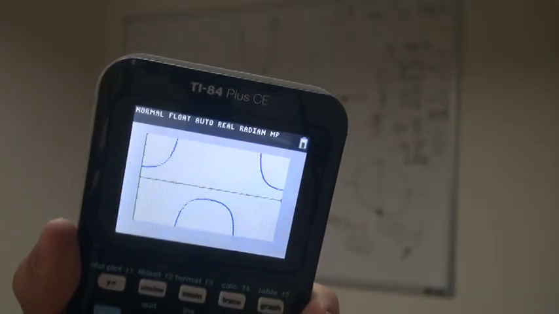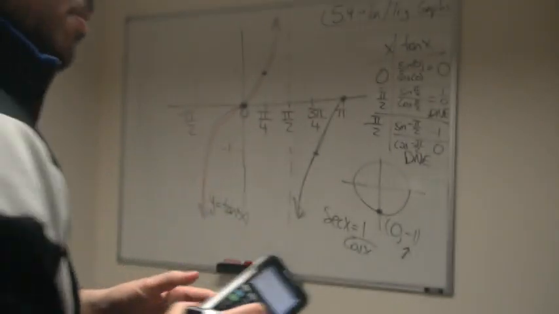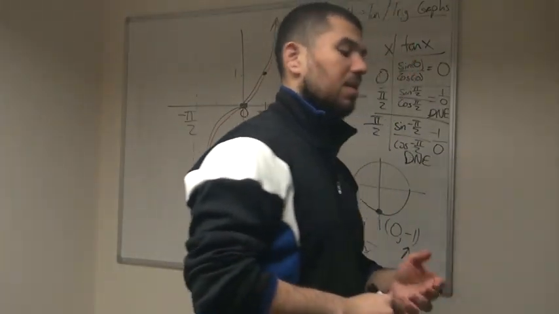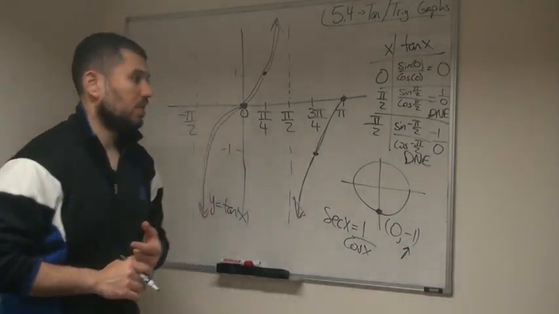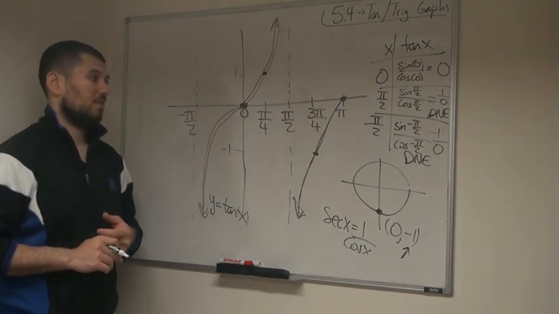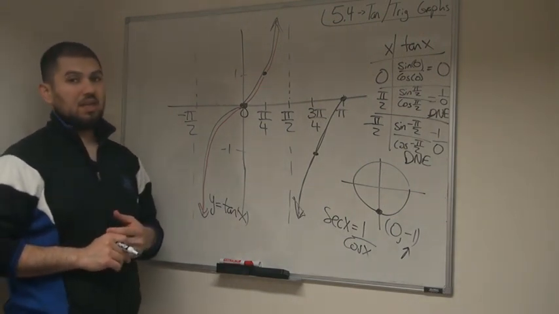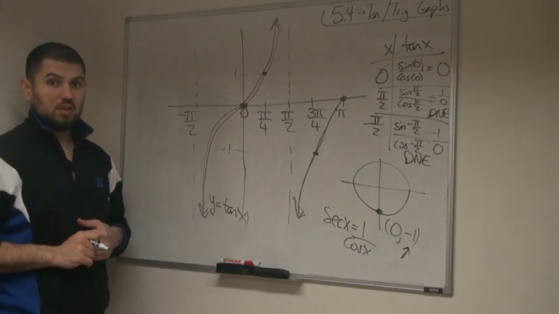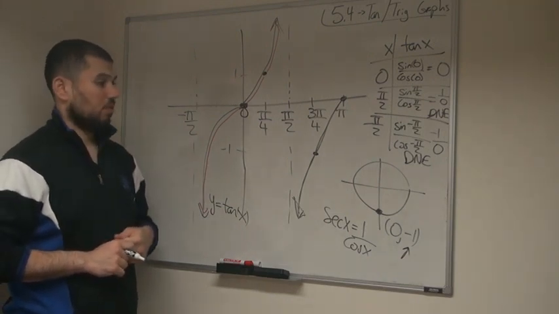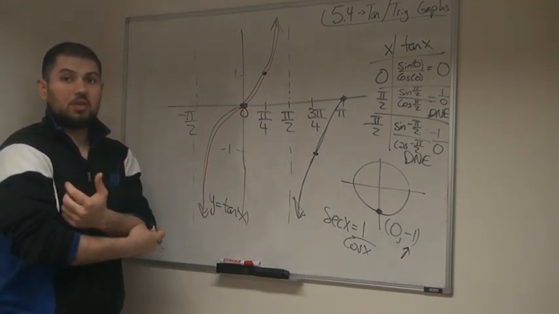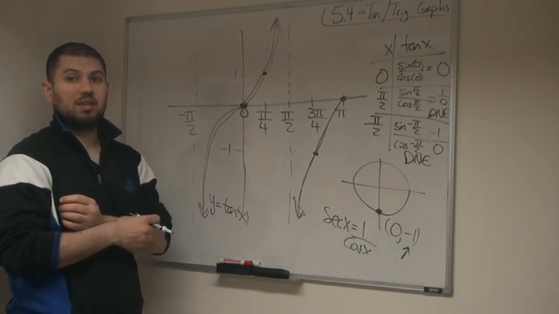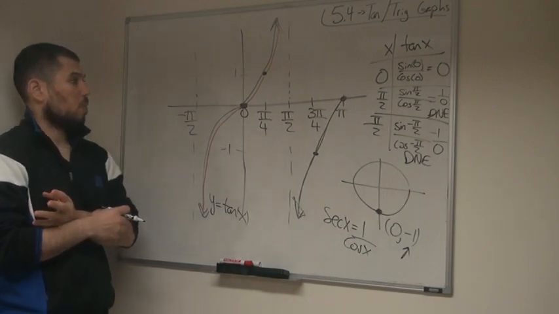So you guys definitely have the ability to graph y equals secant, y equals cosecant, which is 1 over sine instead of 1 over cosine. Cotangent, which is cosine divided by sine. Also similarly, you can check what the pictures of all these look like in your graphing calculator or in your textbook, right?